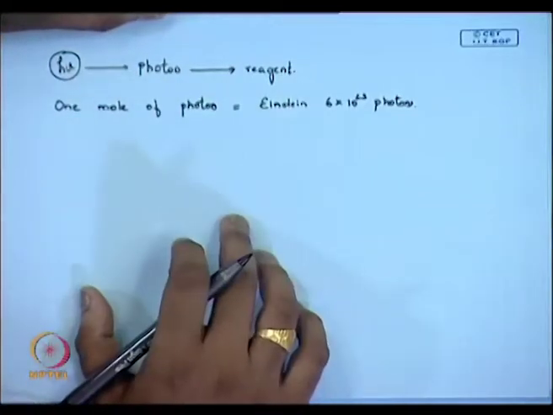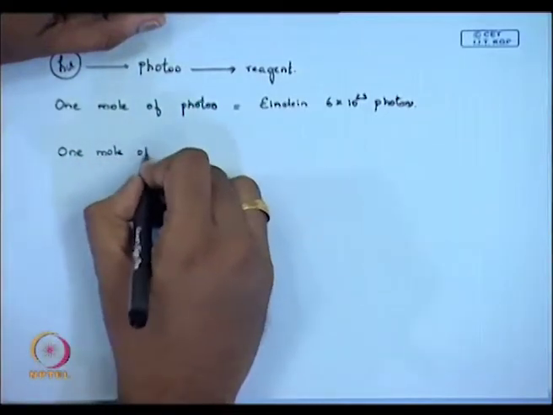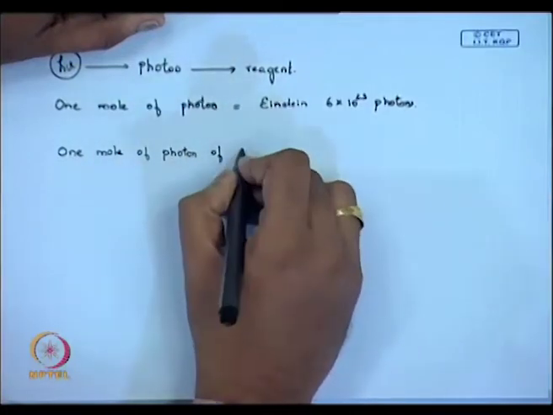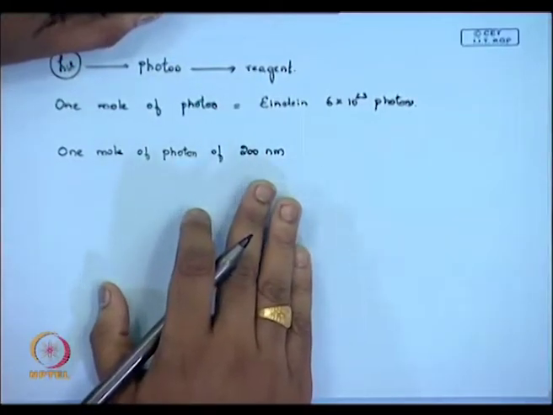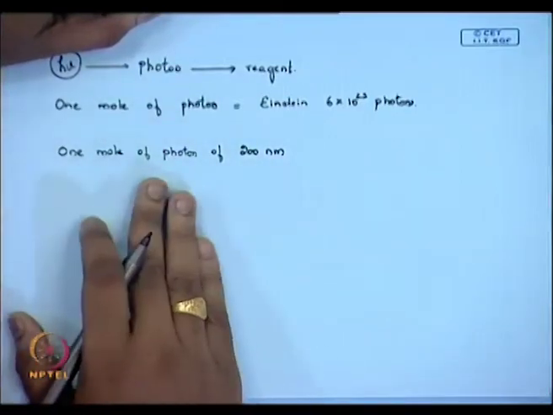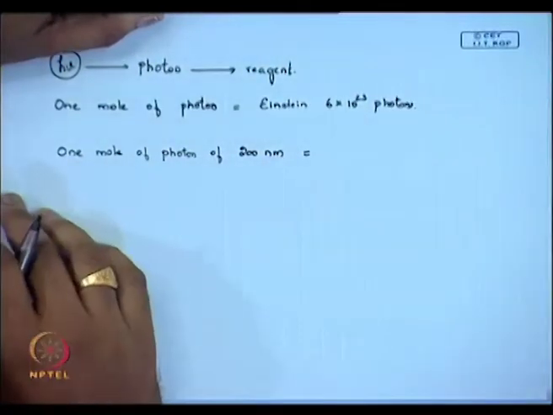Why should we know this? Because this will tell us the energy which we need to carry out our photochemical reaction. For example, if I take 1 mole of photons of 200 nanometer, so I am taking a light whose wavelength is 200 nanometer, how much energy is this going to give you?